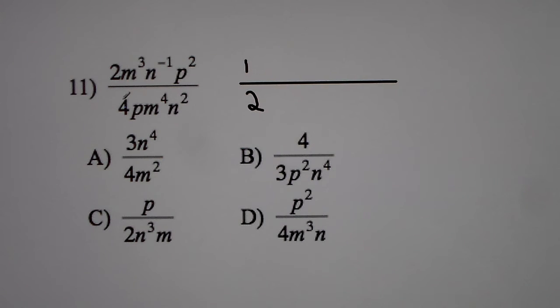M to the 3rd, well, there's an m to the 4th here on the bottom, so we're going to put m on the bottom, and then 4 minus 3 is just 1. I'm going to put a little 1 there for now. Might even be a good idea when they get bigger to cross out the ones that you use. N to the negative 1, well, I'm going to move that down here.